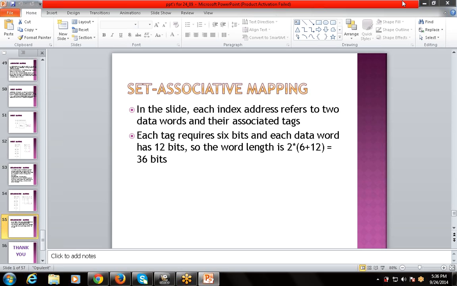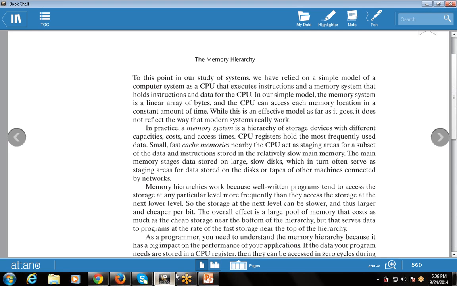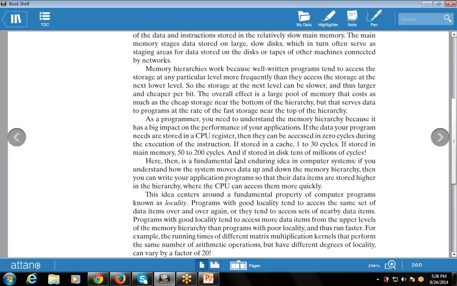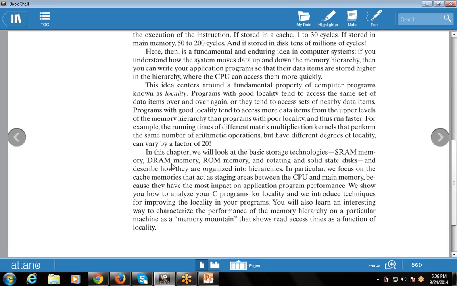Now let's see with the help of the book what we have covered. We will discuss cache memory, main memory, locality, static RAM, dynamic RAM.